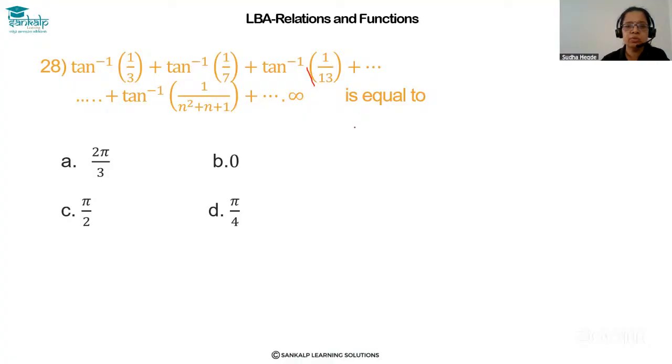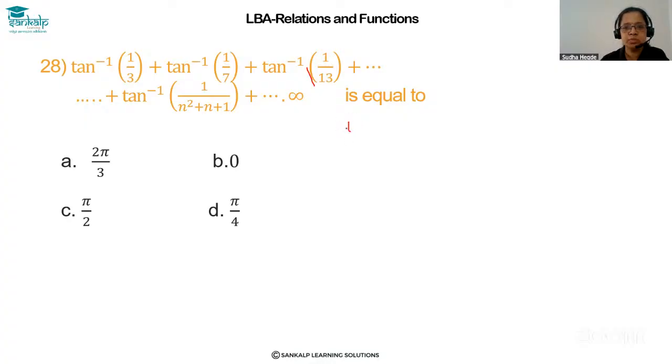Option A 2 pi by 3, option B 0, option C pi by 2, option D pi by 4. The question is looking complicated. Once you simplify the general term, it becomes very easy and you can solve very easily.